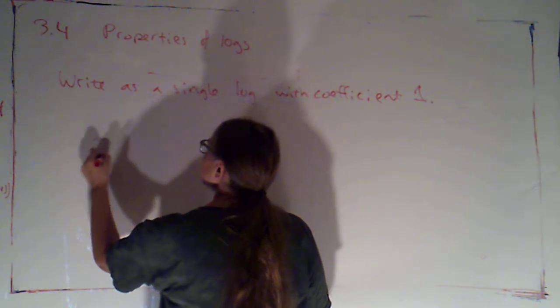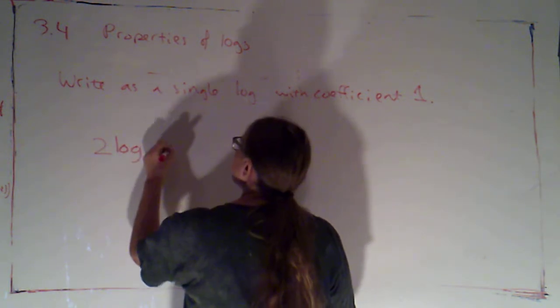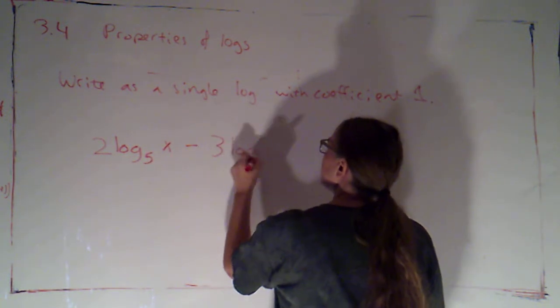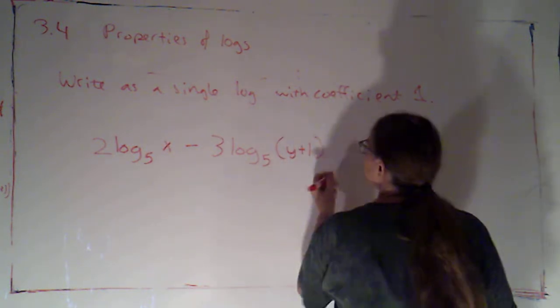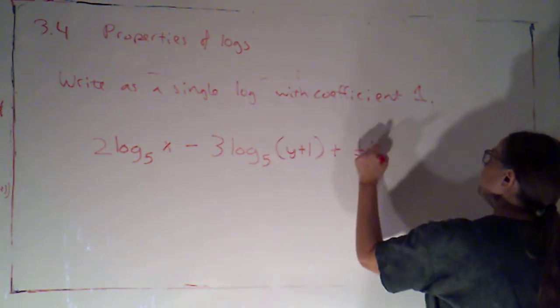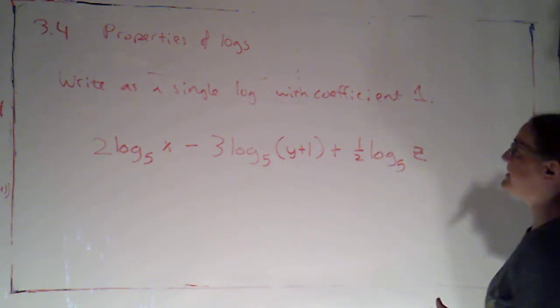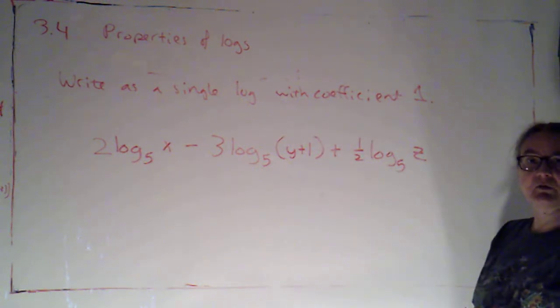So let's suppose I had 2 log base 5 of x minus 3 log base 5 of y plus 1, plus 1/2 log base 5 of z. Okay. So now I'm adding and subtracting a bunch of logs.